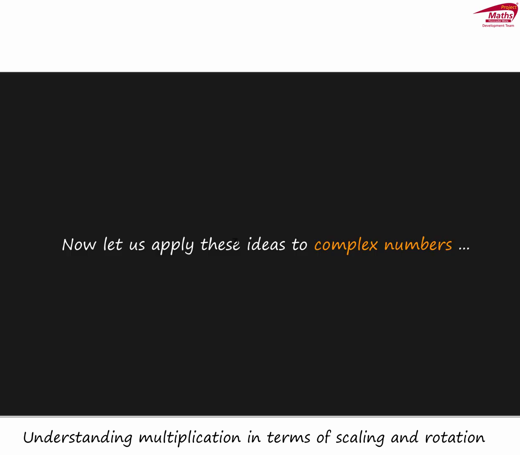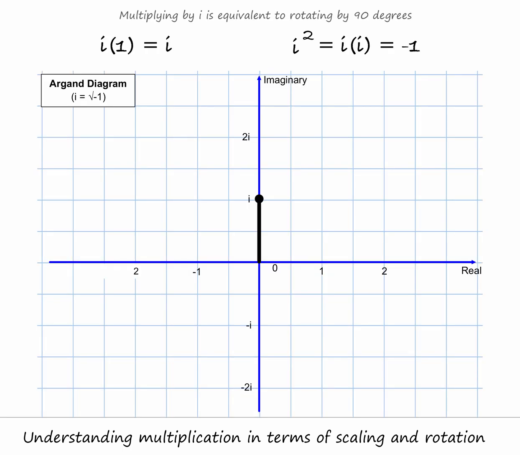Now let us apply some of these ideas of scaling and rotating to complex numbers that have both imaginary and real parts. Here we have an Argand diagram showing us the complex plane. The imaginary unit, iota or i, stands for the square root of negative 1. What happens when you multiply a number by i?